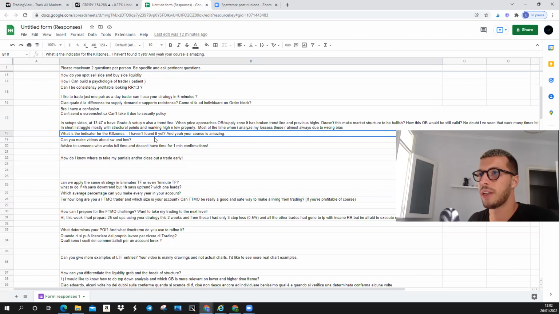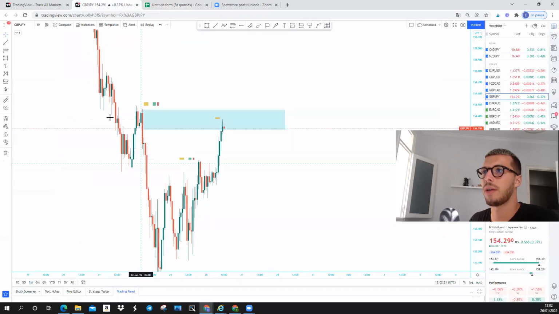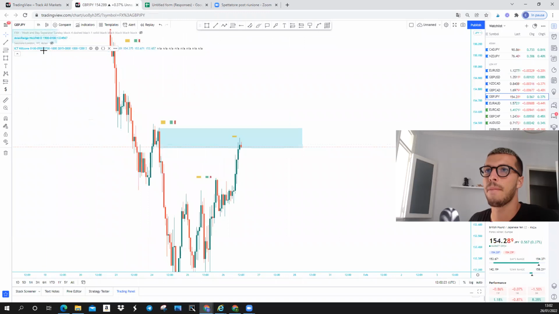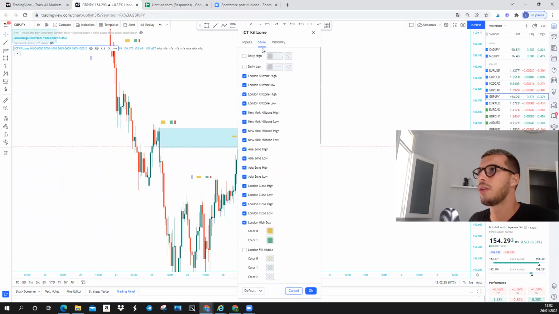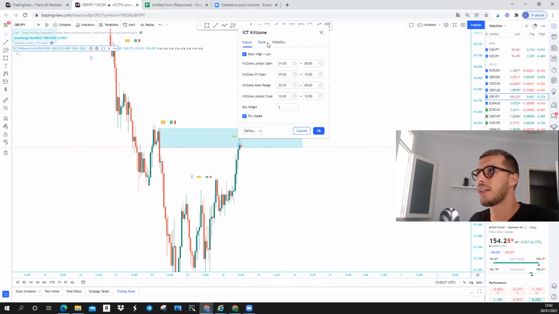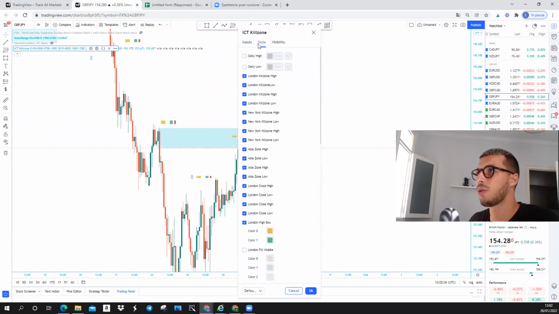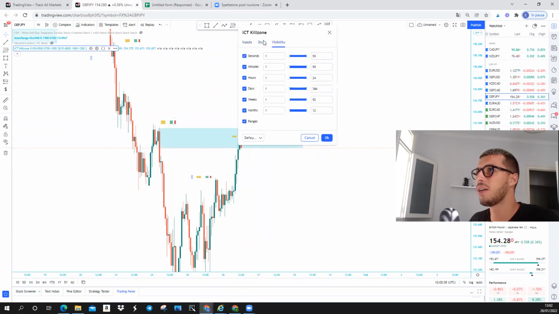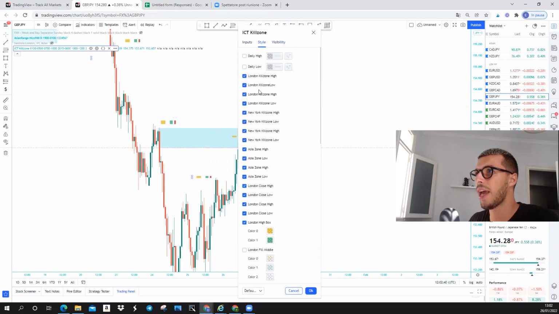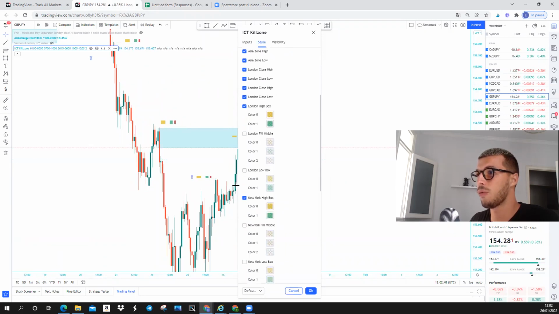What is the indicator for the kill zones? I haven't found it yet. Okay, so this is the indicator ICT kill zones. And the reason why many people are not finding it is because I modified some settings. So make sure that you go on style and visibility and that you copy what I have right here, because I didn't put many of these that there were. I removed these, kept all of this, and then removed these also.